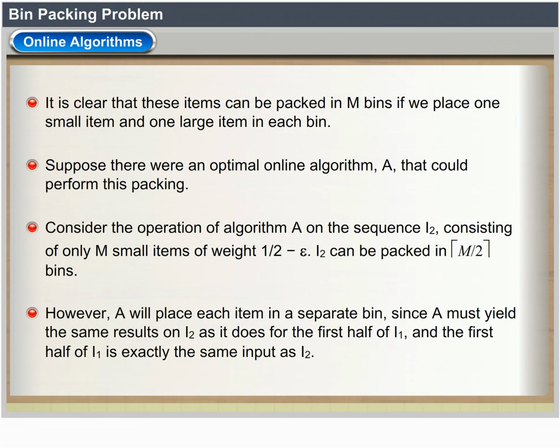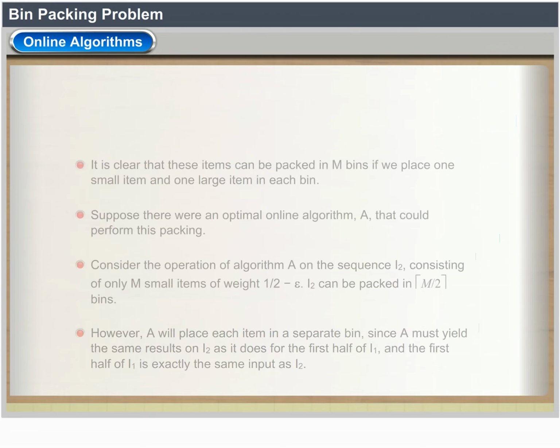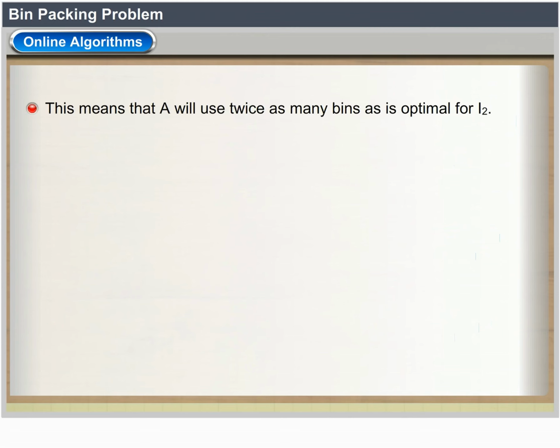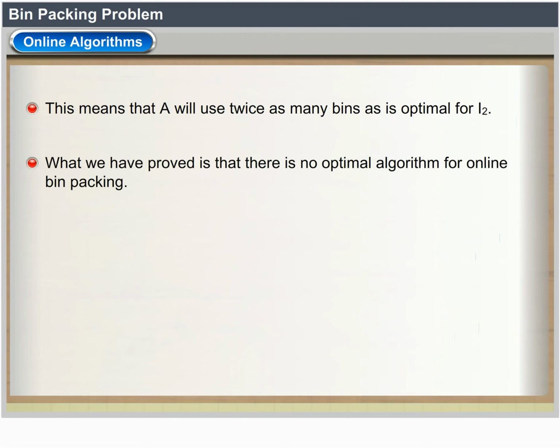However, A will place each item in a separate bin, since A must yield the same results on I2 as it does for the first half of I1, and the first half of I1 is exactly the same input as I2. This means that A will use twice as many bins as is optimal for I2. What we have proved is that there is no optimal algorithm for online bin packing.